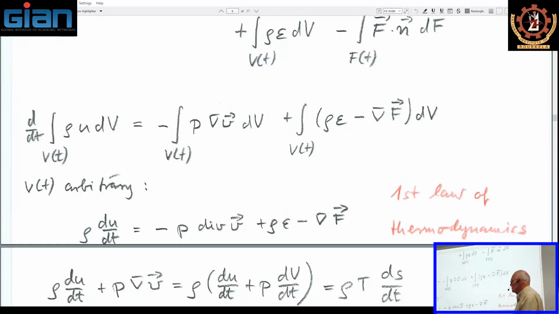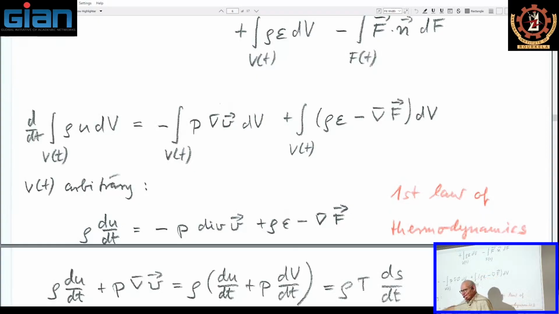This might be regarded as the heat which is transferred into or taken out of the system. In terms of thermodynamics, it's usually denoted by dq, the change of the heat content of your mass element.